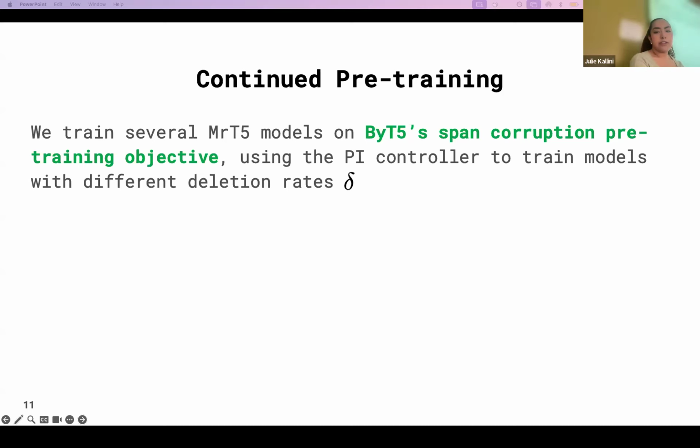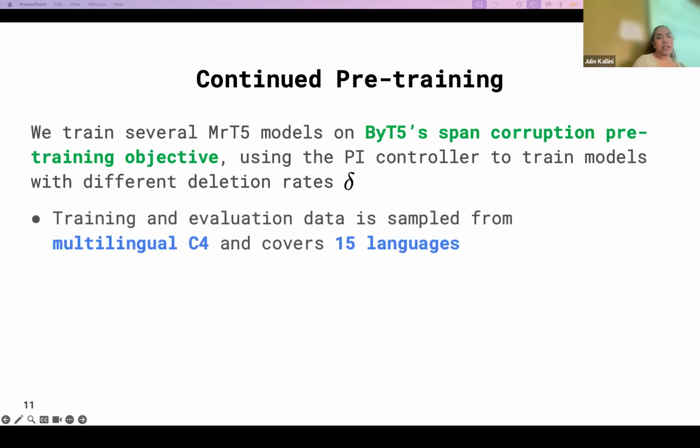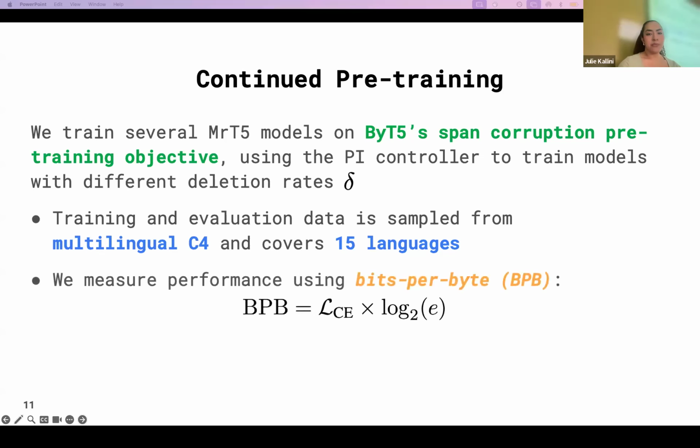We train several MrT5 models this time with different sequence reduction rates using the controller algorithm that I briefly mentioned. In our setup, all the training and evaluation data is sampled from multilingual C4 and covers 15 different languages. To measure performance following adjacent work in this area, we report bits per byte, which is a tokenizer independent version of perplexity. Since we're already dealing with byte-level models, this just means multiplying the model's cross-entropy loss times a constant factor, but this is just to be consistent with adjacent work.